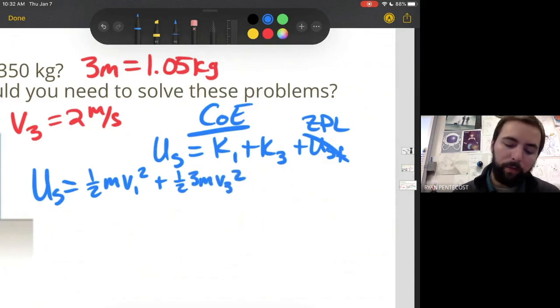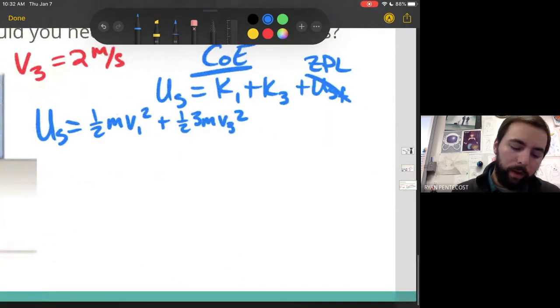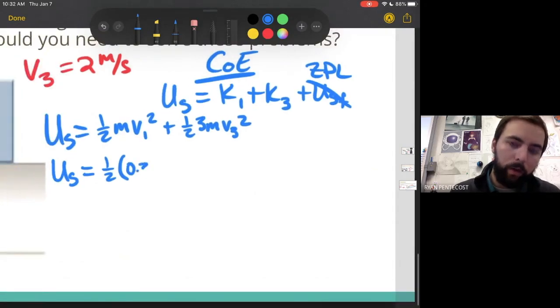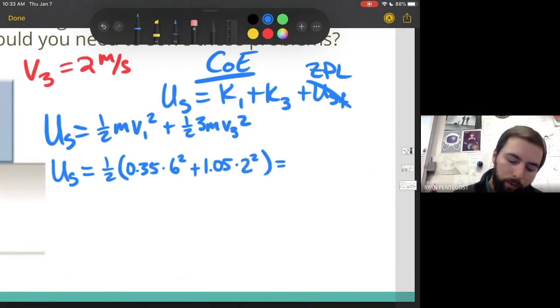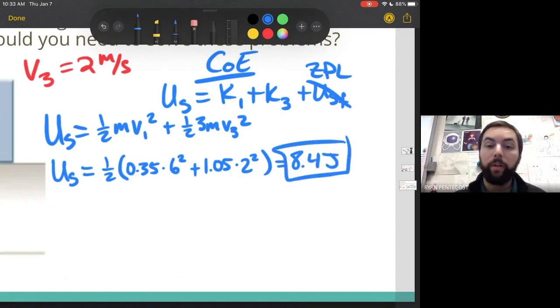We have all of that information, so let's plug it in. The spring potential equals 1/2 times the mass 0.35 times the velocity of 1, which was 6, squared, plus 3m, which comes out to 1.05, times v3, which was 2, squared. If you put that in your calculator, you come out to 8.4 joules of potential energy in the spring.